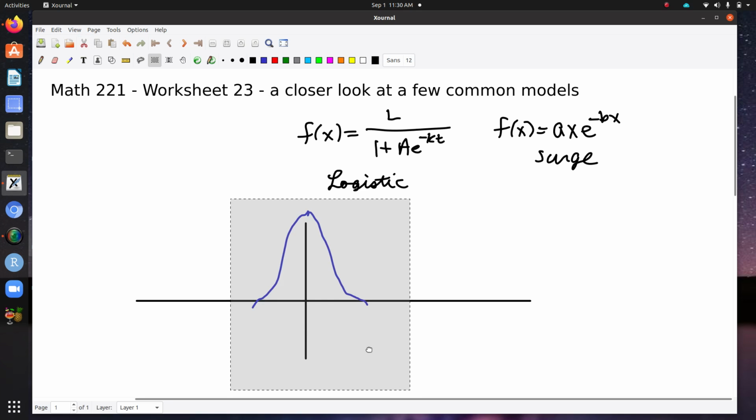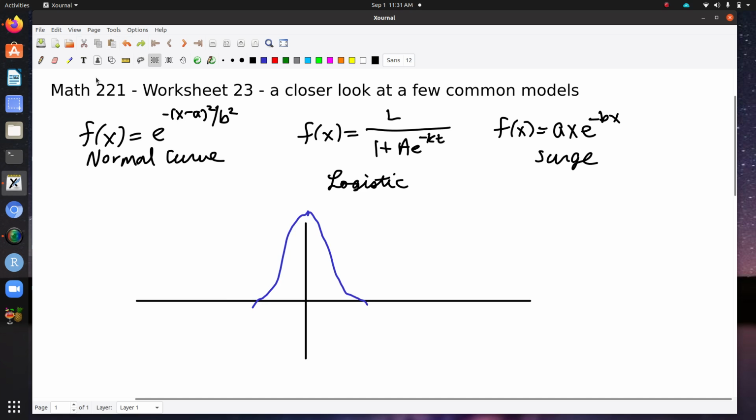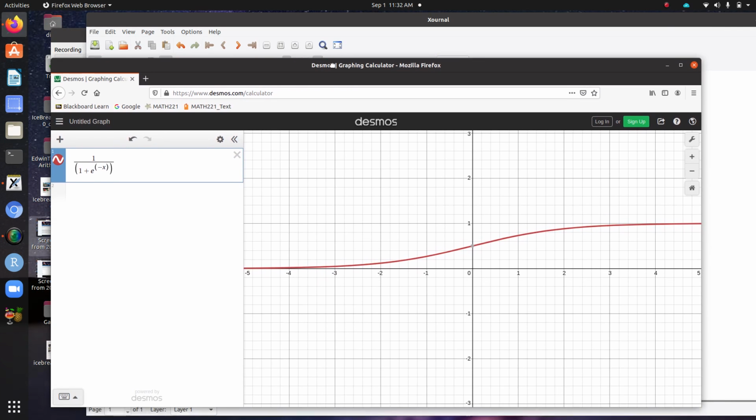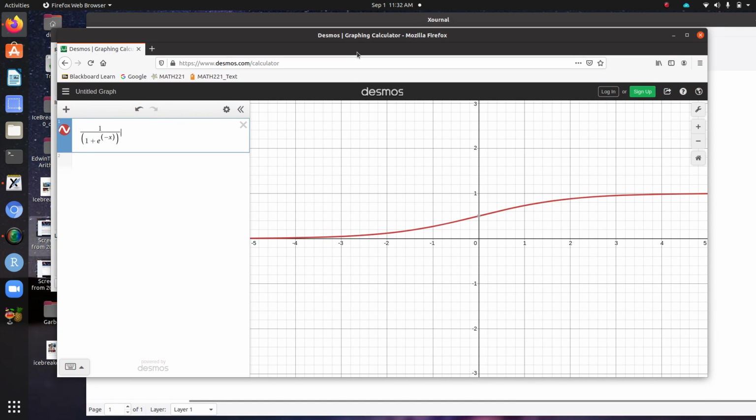Let's ask about what the logistic curve does. Okay, so this is the logistic equation, and in this rendition of it we have an L, a capital A, and a K that we can control. And the point I want you to note is that this function has a location about which you have a kind of rotational symmetry.